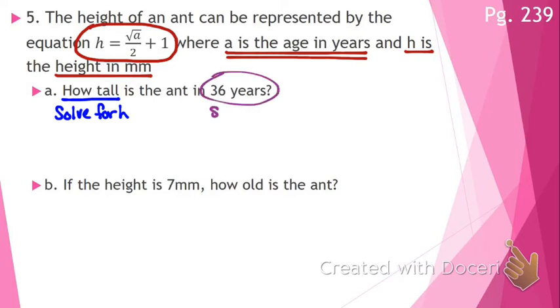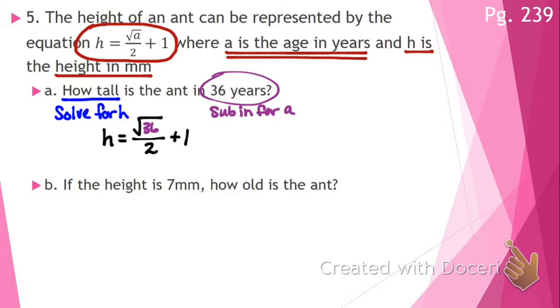So we're going to take 36 and sub this in for A. So I'm going to recopy that original equation. We have h equals the square root. Instead of putting the letter A there, we're going to put a 36 there, divided by 2 plus 1.